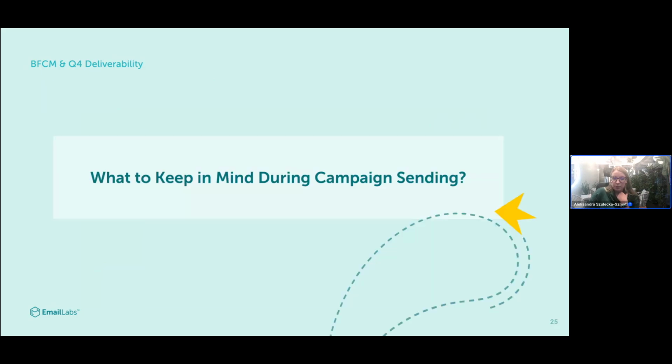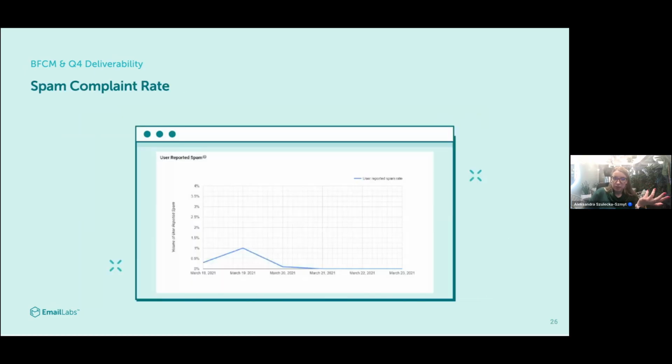And what to keep in mind during campaign sending. After doing the list hygiene, segmenting properly our contact base, preparing the domain, preparing the IP, doing the email warm-up, you start sending your campaign, for example, during Black Friday. What to look for? It is important to constantly monitor the spam complaint rate.